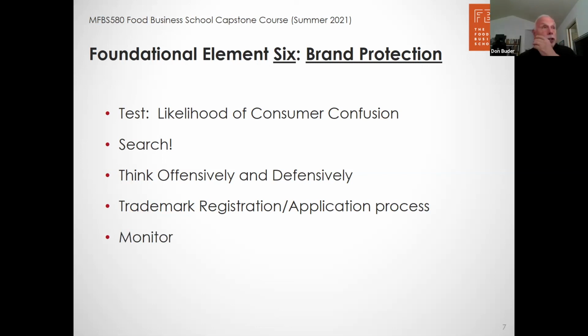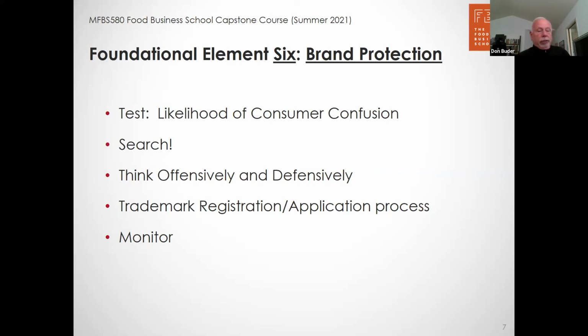There's also a function, and I know that trademark lawyers do this, they monitor the market. After you file your registration, they will get notifications of anything from the U.S. Patent and Trademark Office that shows up that may be within your turf. And knowing who is coming into your turf is important, both competitively and legally.